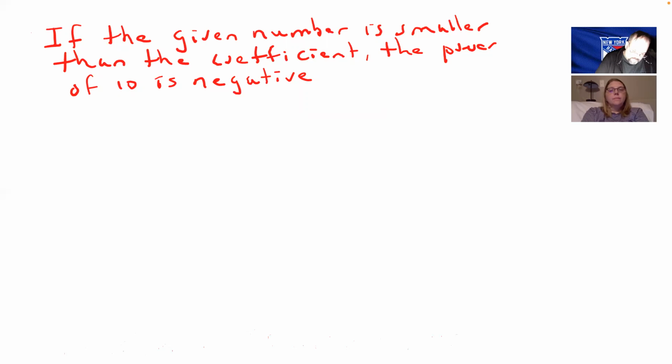So I'll show you an example. 0.00014 liters. So in this case, to get the coefficient, I'm going to move the decimal point to the right 1, 2, 3, 4 times. Because when I move it 4 times, that gives me a value between 1 and 10. So for this example here, the coefficient would be 1.4.